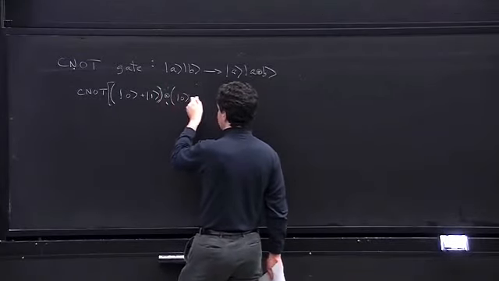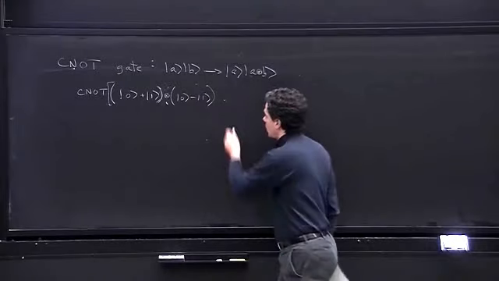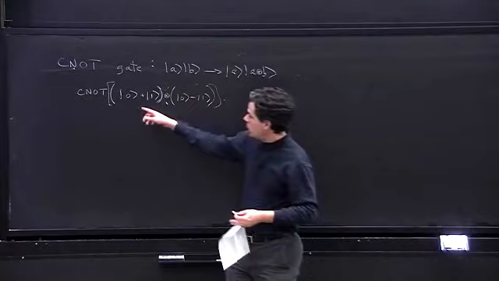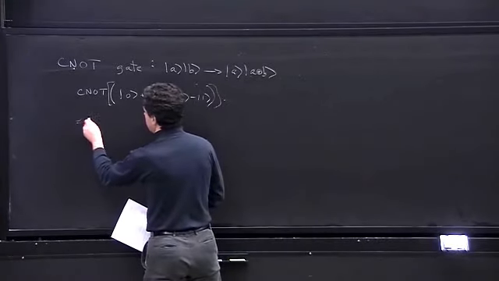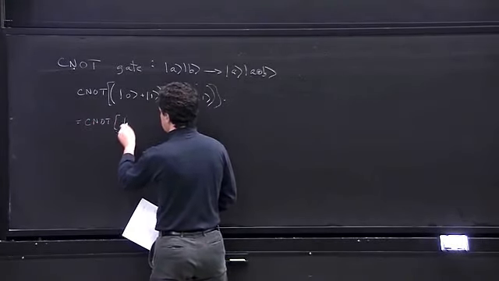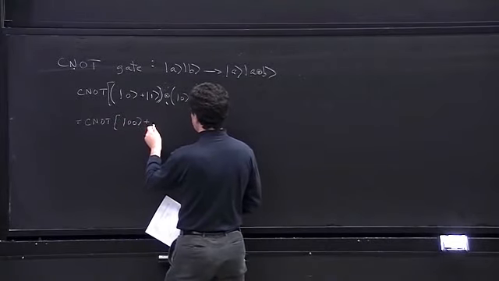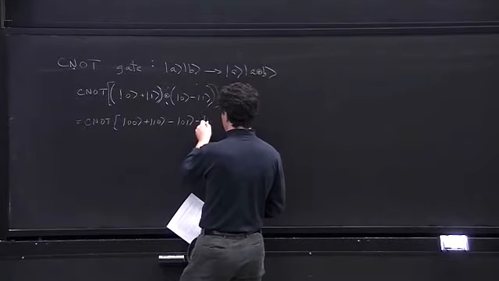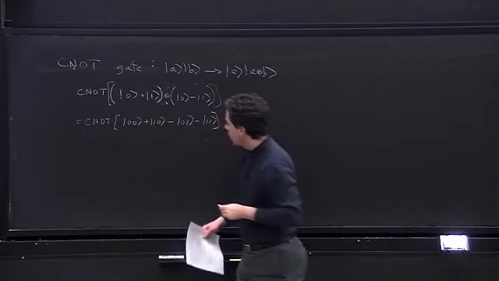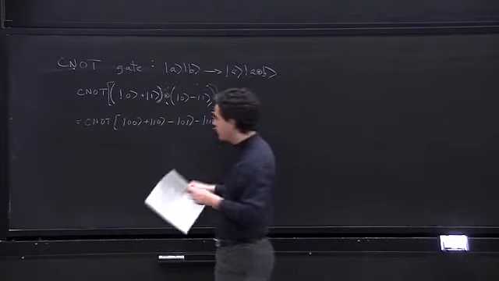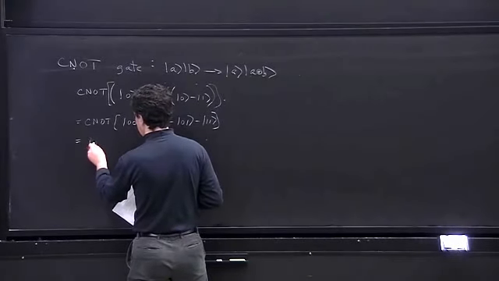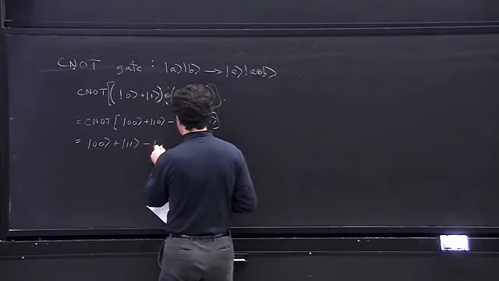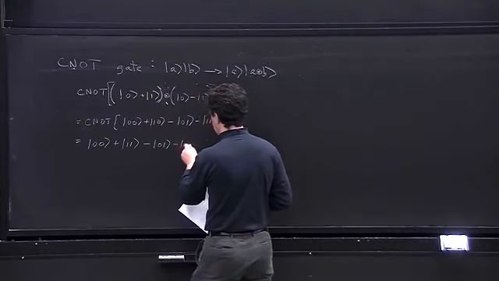tensor 0 minus 1. Okay, so let's calculate what happens if you do this. Well, we can expand this as 0, 0 plus 1, 0 minus 0, 1 minus 1, 1. Okay, and then we do C0 on each of these terms, keeping the same sign. And so we get 0, 0 plus 1, 1 minus 0, 1 minus 1, 0.